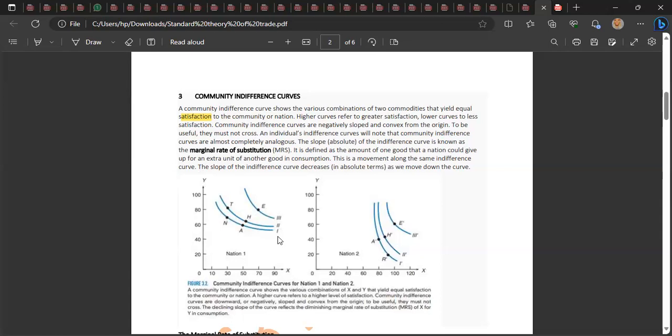In order for you to consume, where we talk of the marginal rate of substitution, sometimes you need to sacrifice Y in order to get X. You can't have all of Y and all of X at the same time.